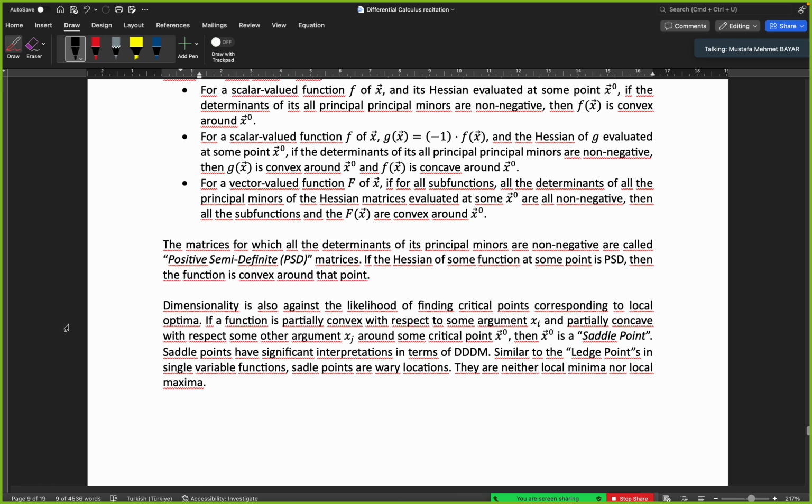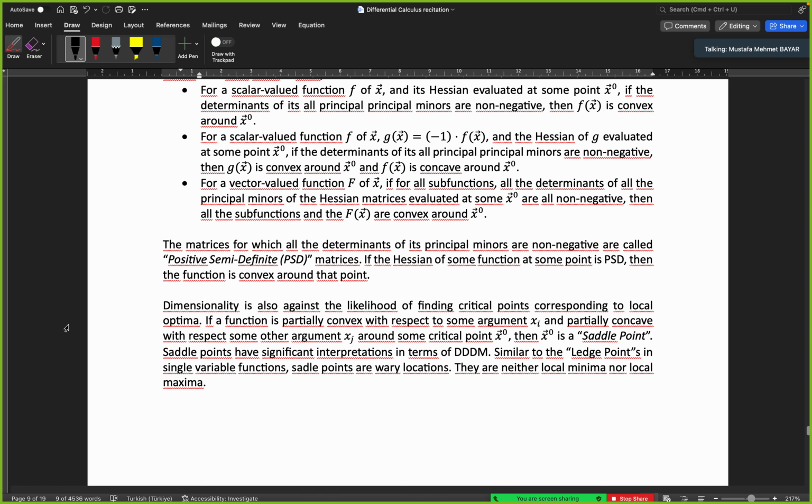And if the Hessian is not positive semi-definite, then no luck. It's not a local optimum. You start over again, try to find some other critical point, if at all it exists. So this is not fruitful, hard work to find good solutions.